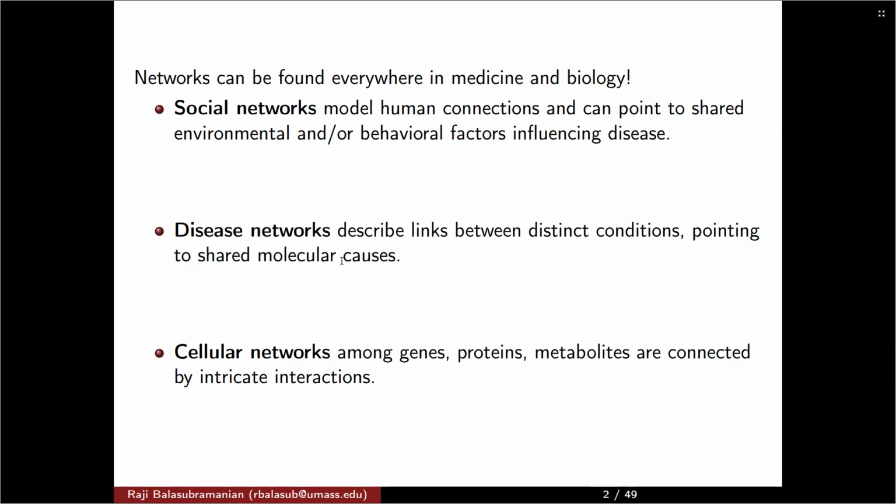Or we can think about networks of diseases. The goal there would be to ask whether there are really distinct disorders that share some common underlying aspects, either genetic or otherwise, environmental factors. And then cellular networks are the specific kind that we have a lot of experience with in our group.